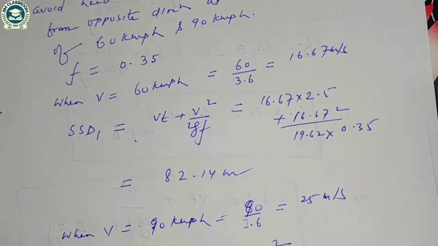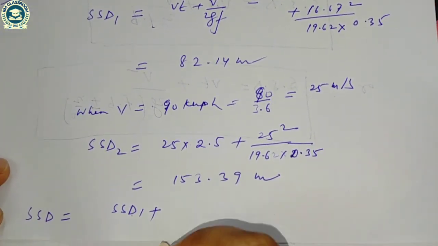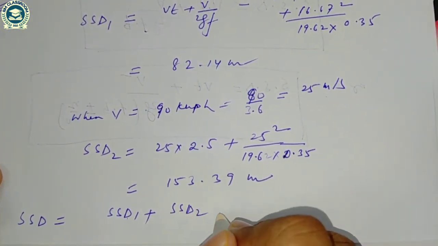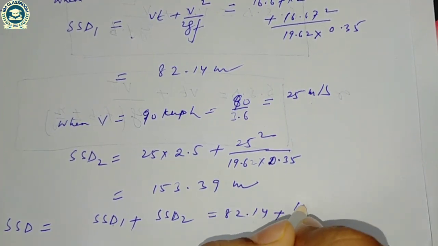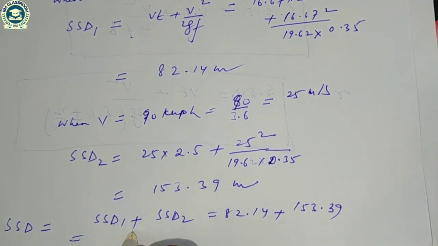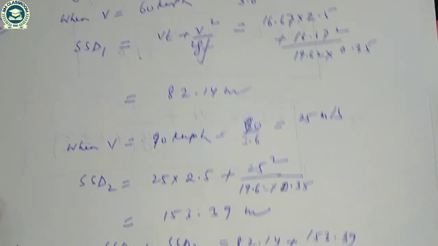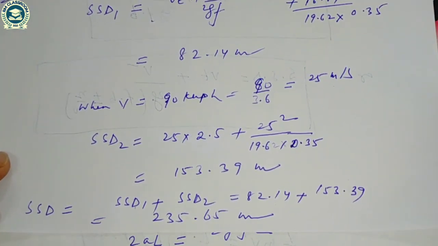So the minimum sight distance is the sum of SSD1 plus SSD2, 82.14 plus 153.39, so it is coming 235.65 meter, the total stopping sight distance.